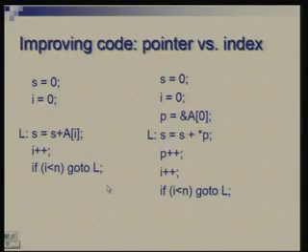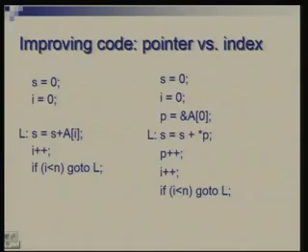Right. Now, we have written some code which works, but can we improve it? Here we would notice that by using pointers or addresses directly rather than an index, we can have faster, improved code.